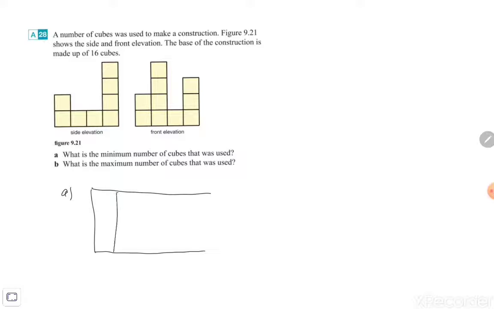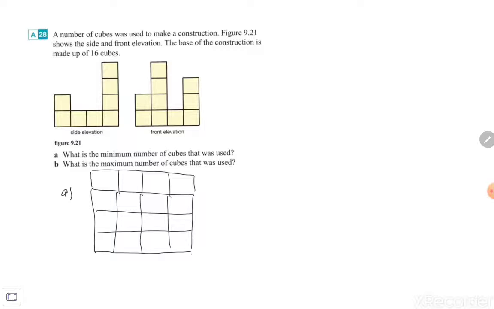So 1, 2, 3, and 4. 1, 2, 3, and I'm going to add an extra one, and that's 4. So there you go, and I will erase this part. Alright, so this is my plan.